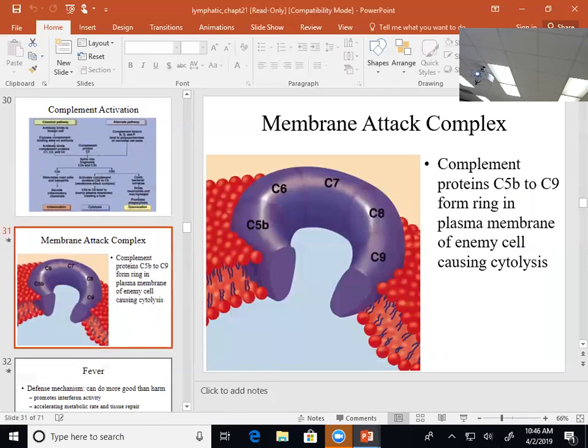And so now this has lysed that cell, hasn't it? So 3 outcomes of complement protein activation: inflammation, cytolysis, and opsonization. Are we good with that? What would happen if you were born without information for some of your complement proteins? You could be compromised, right? You could be immunocompromised. Some people actually are born with that.